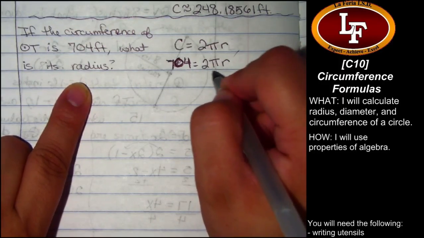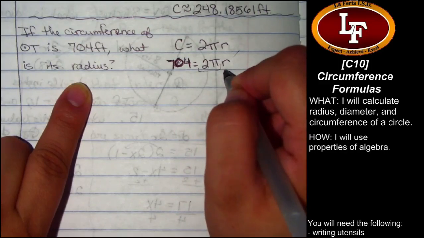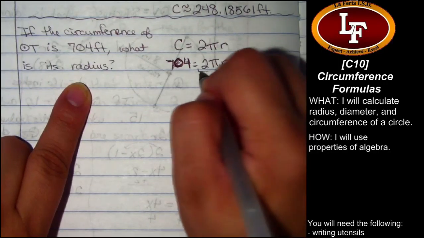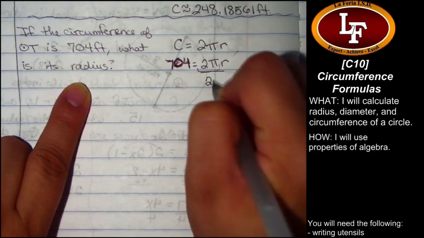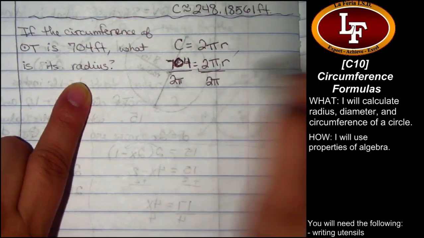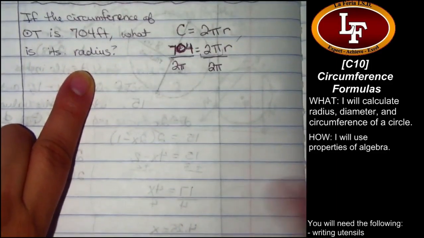Remember that pi is just a number, so I'm going to go ahead and think of it as a number with 2. So 2 times pi, the operation between that number and r, the radius. It's multiplication between there, so in order to remove it from the right-hand side, I'm going to divide by that entire value, 2 pi, which is 2 times pi.